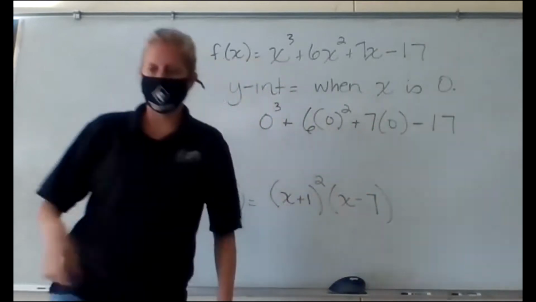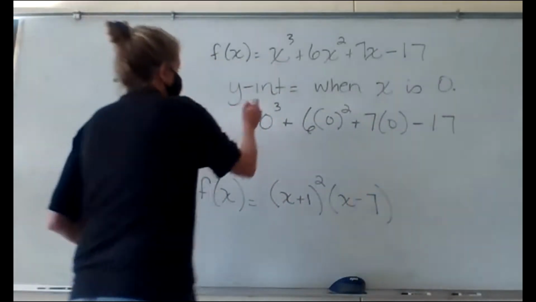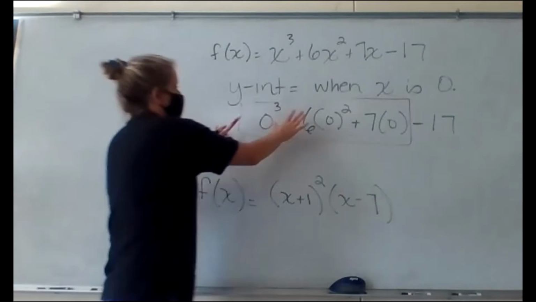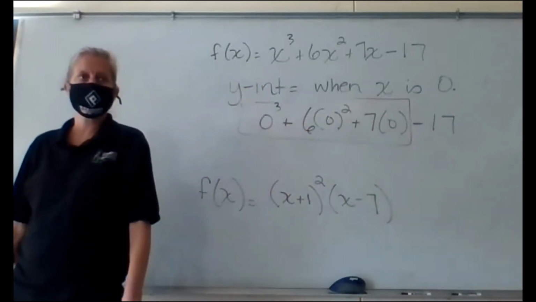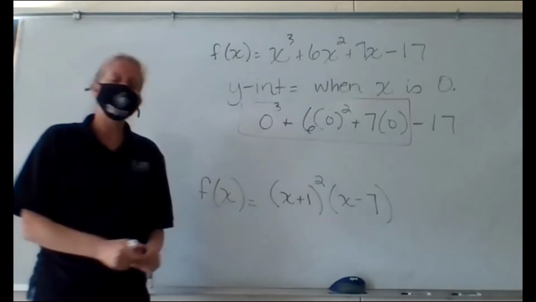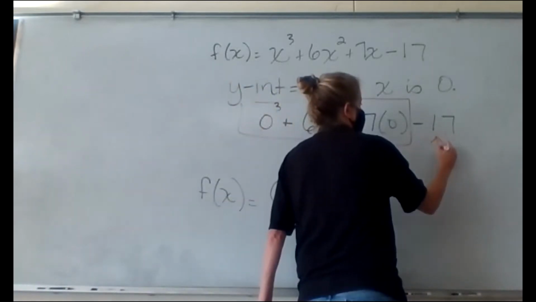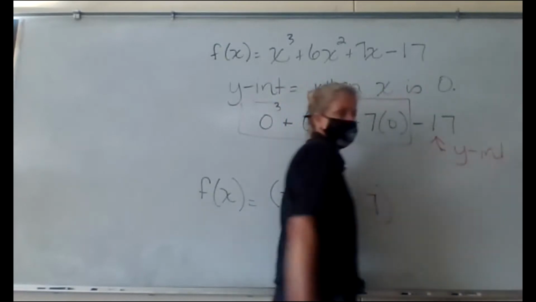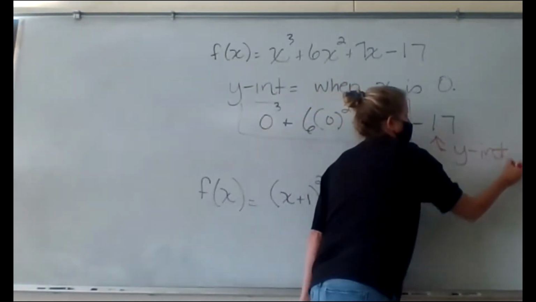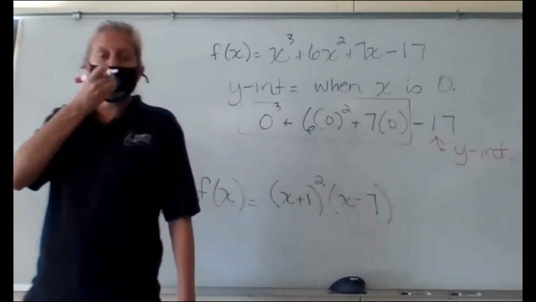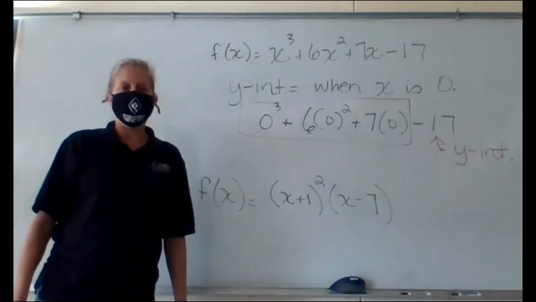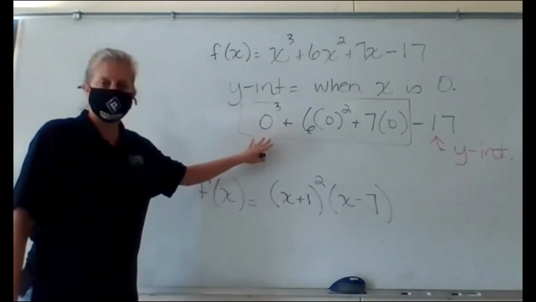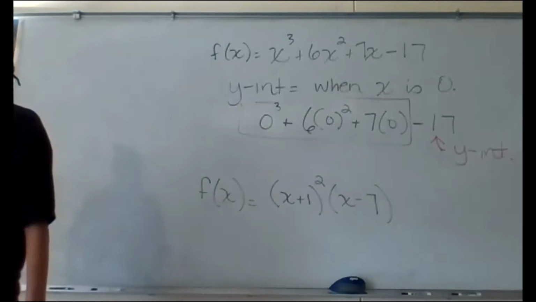These terms right here. Since they all have a 0 in them and I'm multiplying, this all right here knocks out, right? 0 is all 0, which means what's left over? The term at the end, or wherever it is, that doesn't have an x, that is your Y-intercept. That's going to tell you where your graph will cross through the y-axis. So that's another distinguishing feature of the graph.